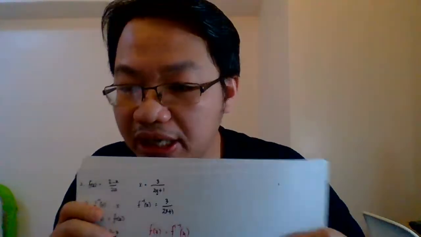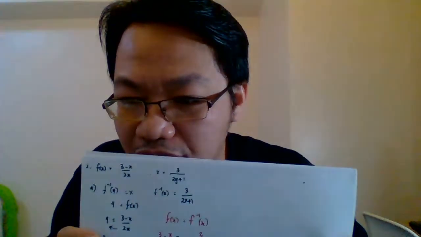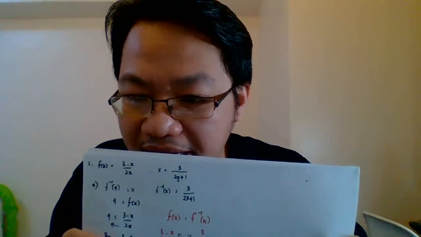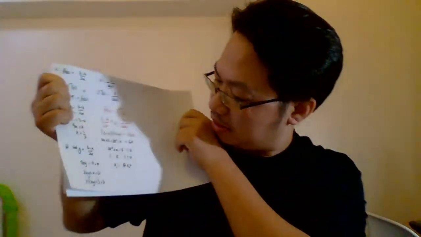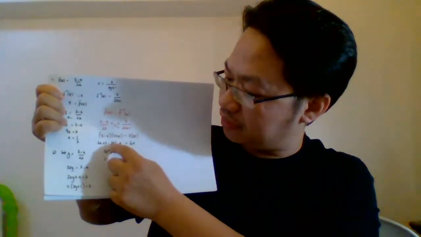So what's the answer? Shira, okay, Shira has gotten x1 equals 1, x2 equals negative 3 over 2. Syawal asks, teacher, isn't it negative 2x squared?